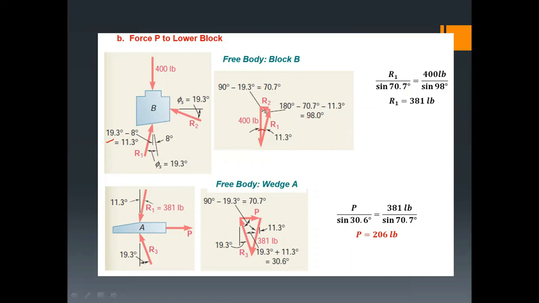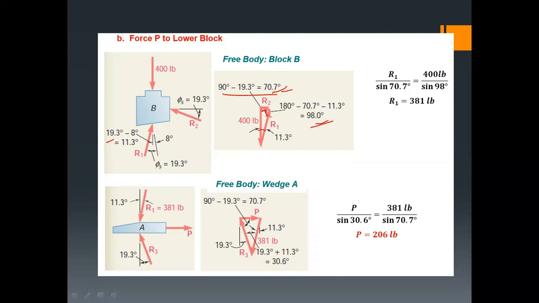And for R1 it is 90 minus 19.3, which is opposite R1. So R1 is 90 minus 19.3 because it moved to the other side, so 70.7.